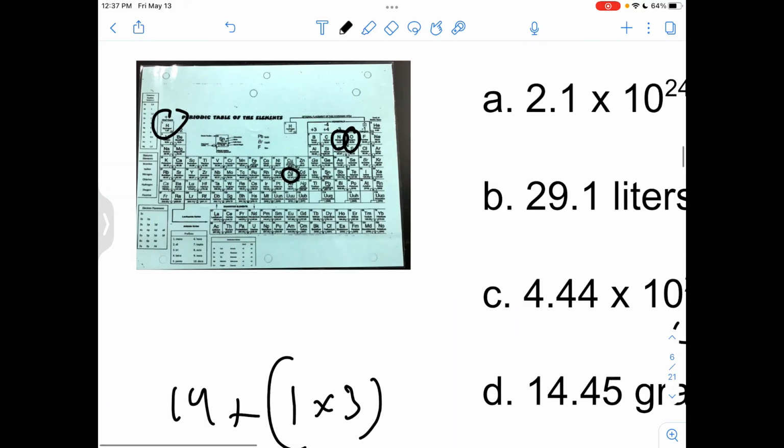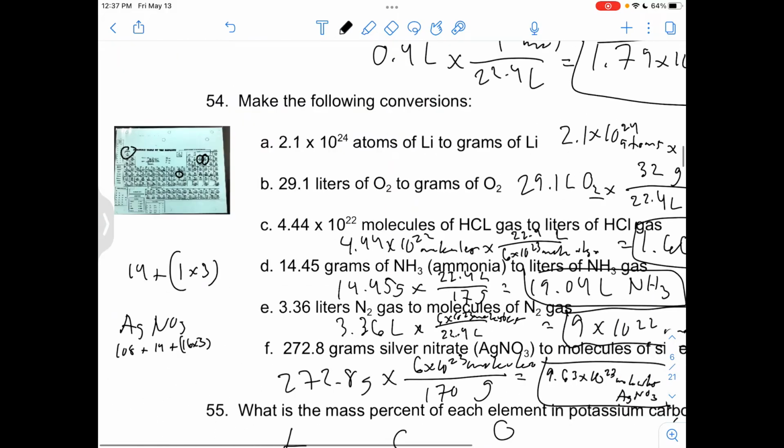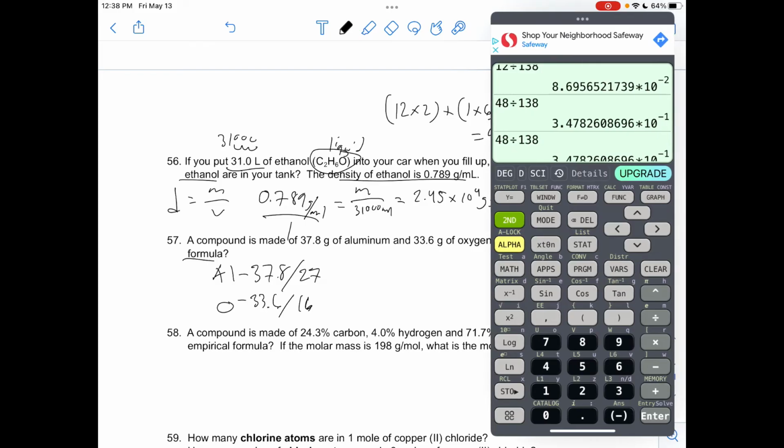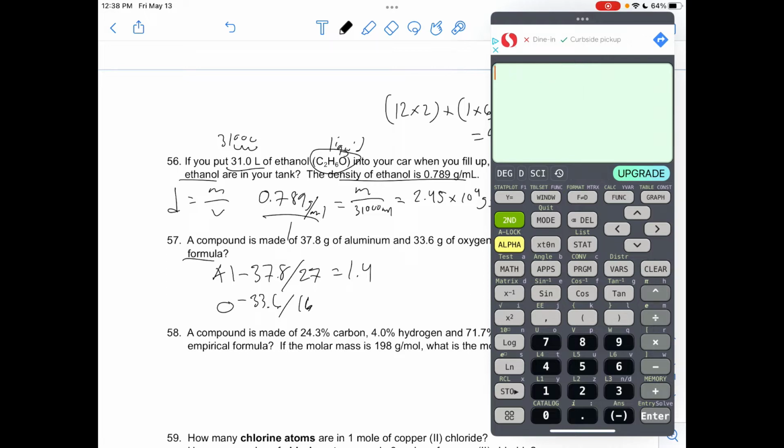Aluminum, if you look at the periodic table, is 27, and oxygen is 16. So that's what I'm going to do first. 37.8 divided by 27 gives 1.4, and then 33.6 divided by 16 gives 2.1.